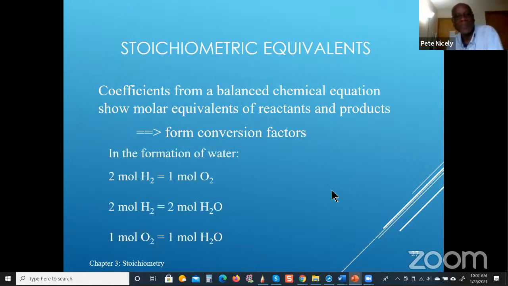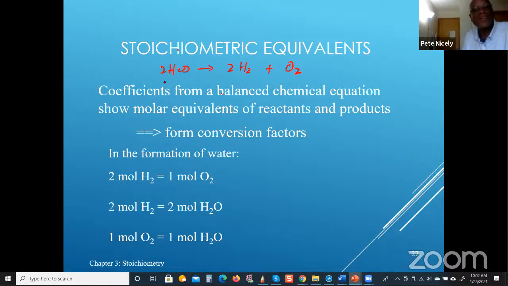Now, going back to the balanced equation for the formation of water, which I'm going to rewrite up here. I'm going to write 2H2O to form 2H2 plus O2, all right? So that's the balanced equation we were looking at. Now, based on this balanced equation, we can get some information about this reaction in terms of the proportional relationship between the different substances involved.